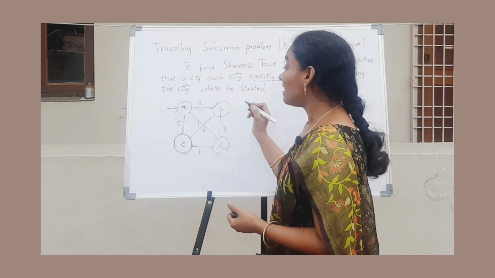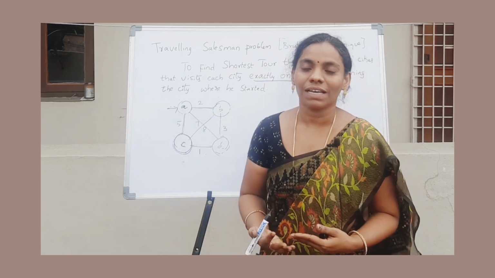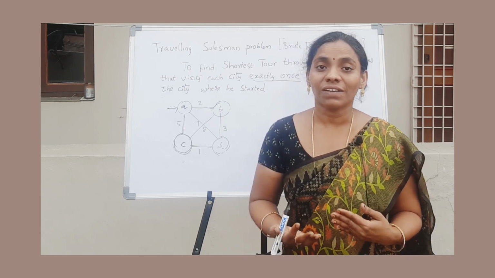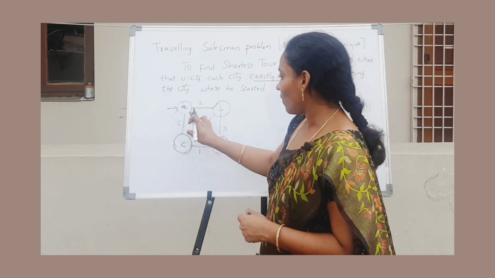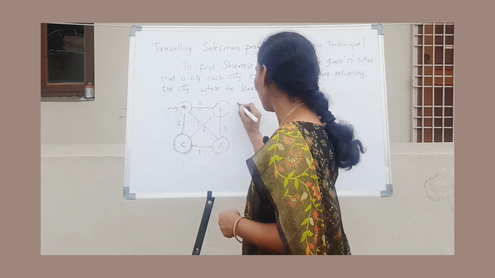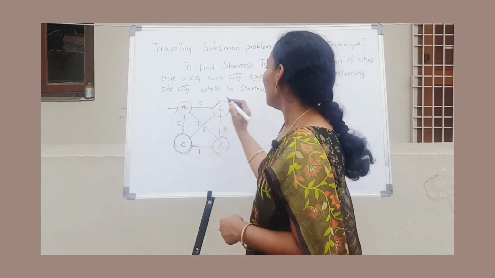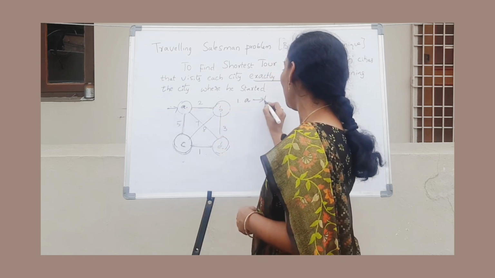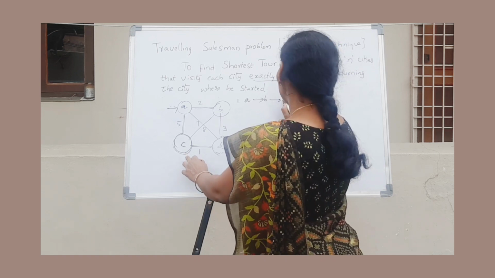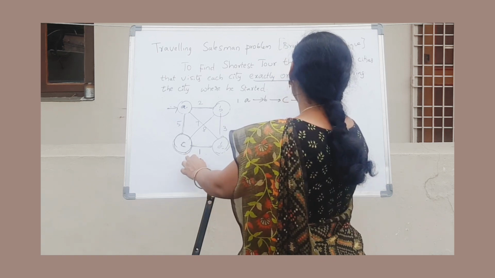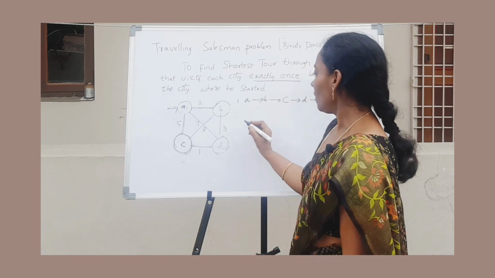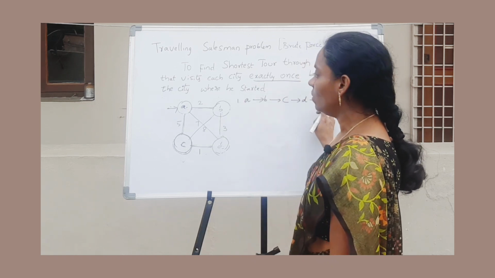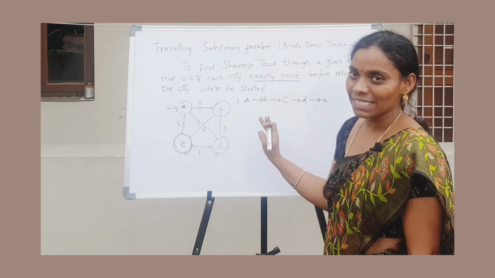Now what are the different possibilities we have for him to complete his tour? Let's find out. Suppose the first possibility we consider: he starts at city A, then visits city B, from there city C, and then D, and again returns back to home A. This is one possibility, where he visits all the cities and returns back to the home city where he started.